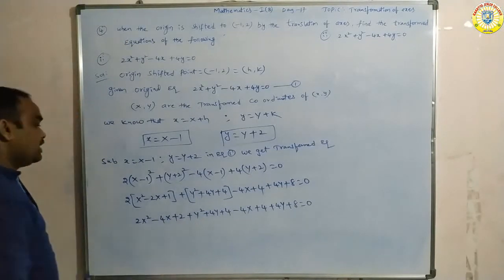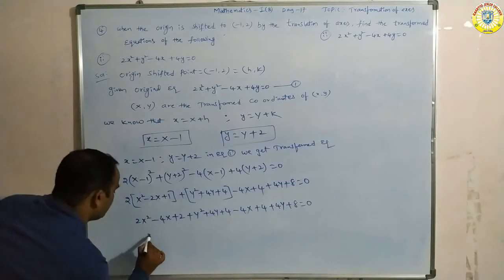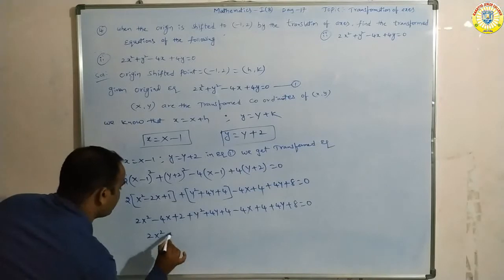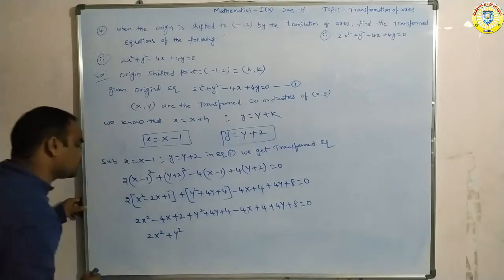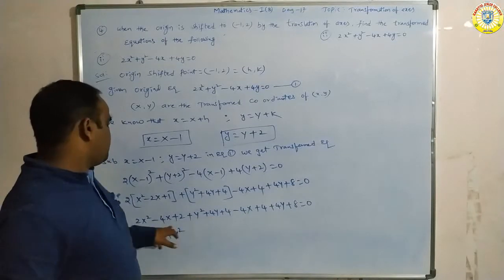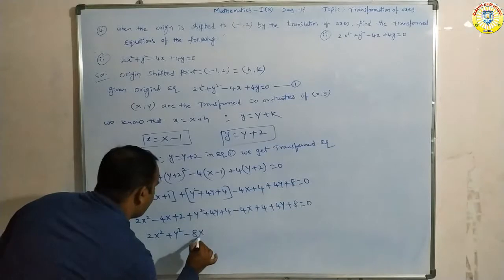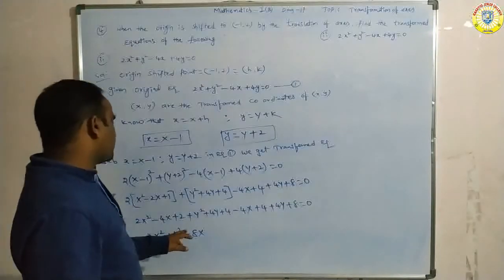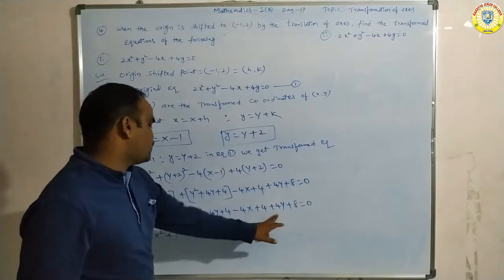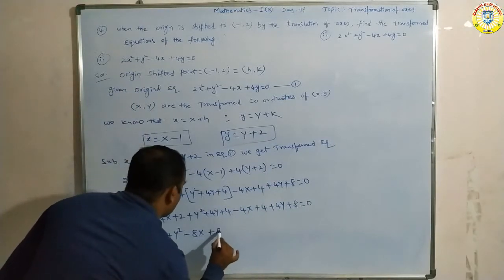Okay? Here observe this one. Here 2X squared plus capital Y squared. Here minus 4X minus 4X, what is the value? Minus 8X. Next Y terms: 4Y plus 4Y, what is the value? 8Y.